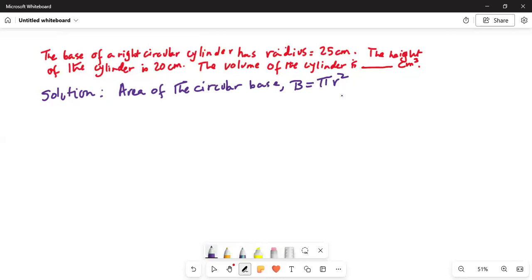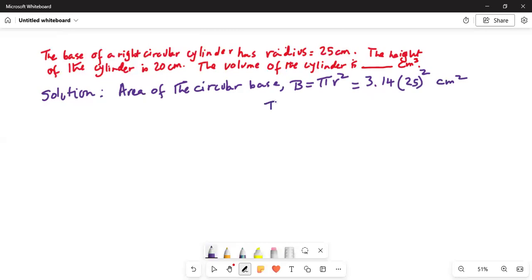Now you ask me what is pi? Pi is a constant, it's 3.14, and my radius is 25 centimeter as given in the problem. So it is 25 square and the unit is centimeter square.